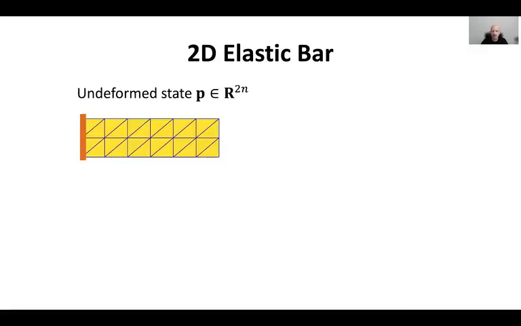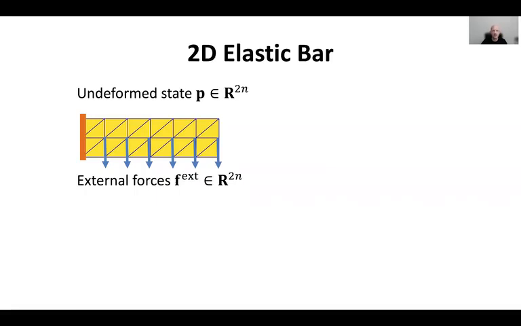We'll be looking at a simple example here, simulating the static equilibrium of a 2D elastic bar that's fixed at one end, say to a wall, and that's subjected to a set of external forces, which we call Fx.